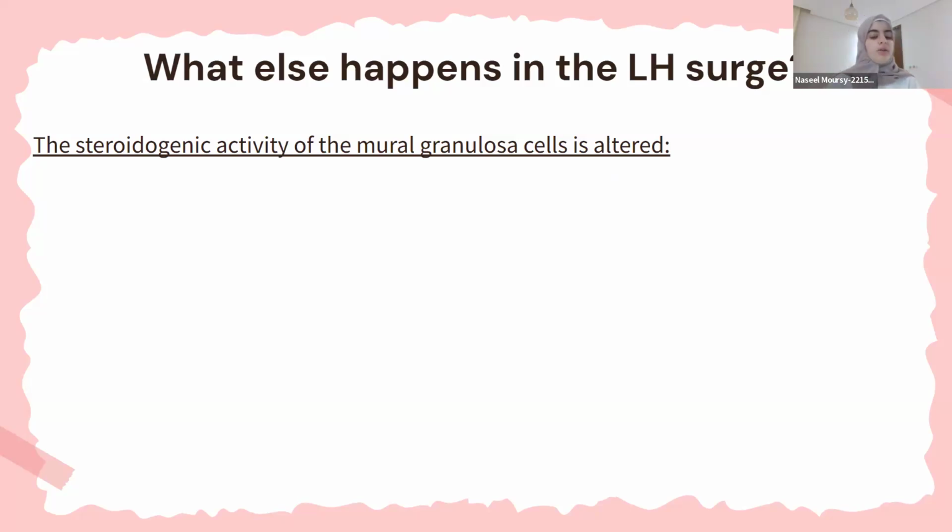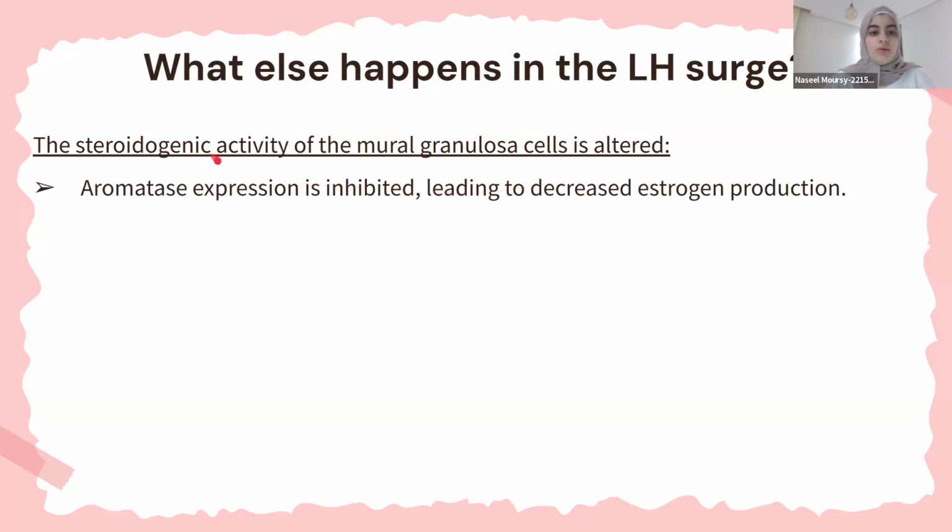Another thing the LH surge does, other than this switch, is that it allows the oocyte itself to complete meiosis one. We know there's meiosis one and two, so we'll talk about the oocyte itself later on. Now let's see how the steroidogenic activity is altered.